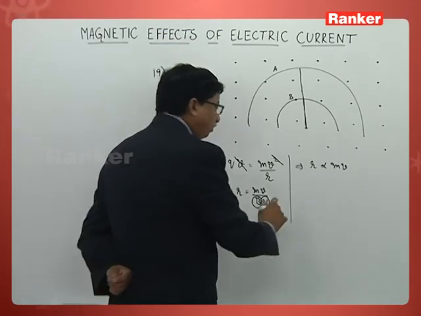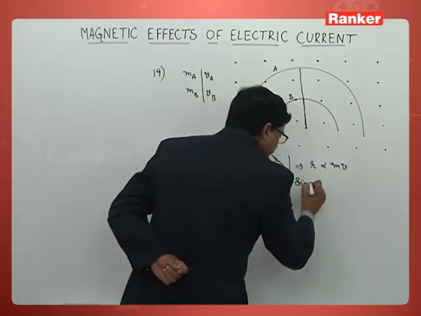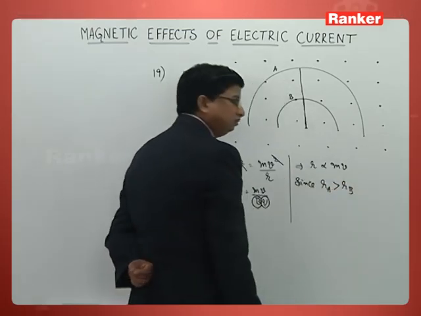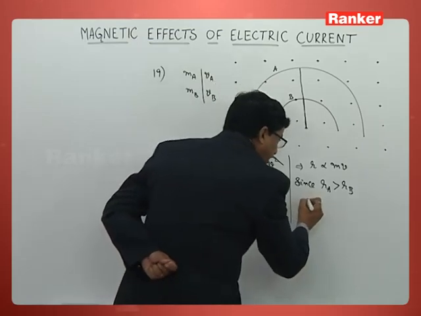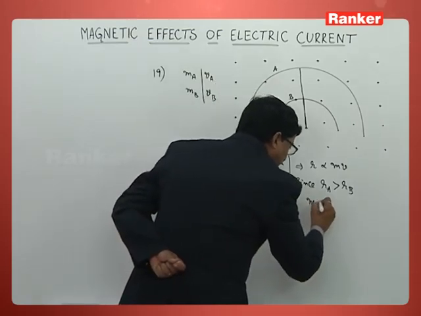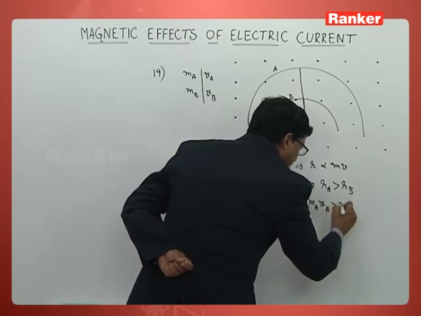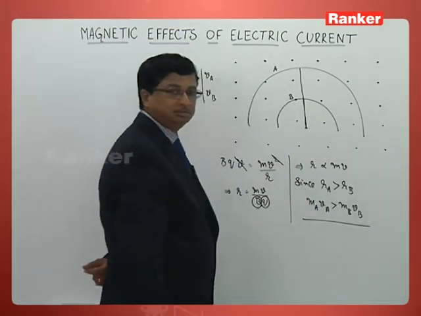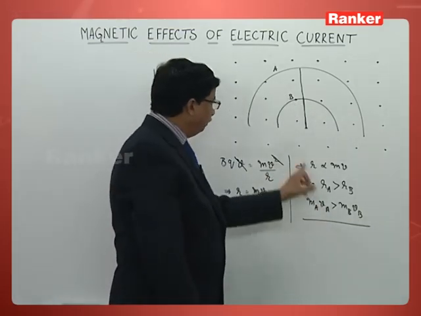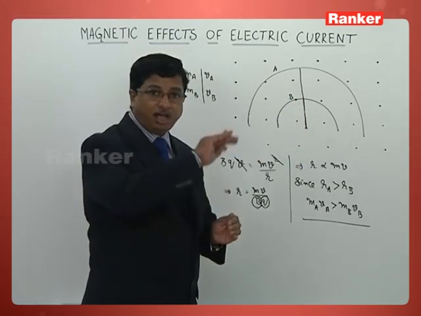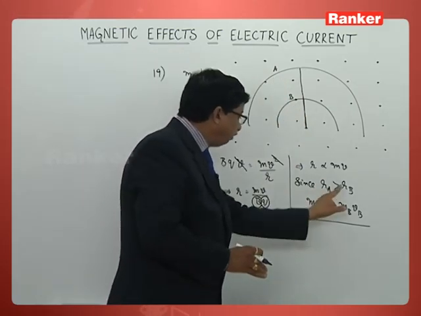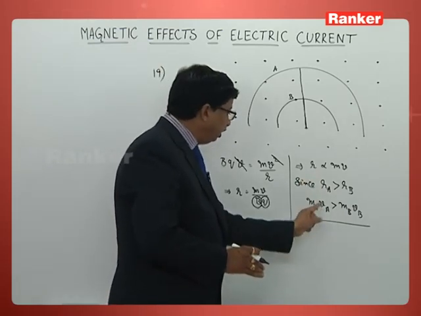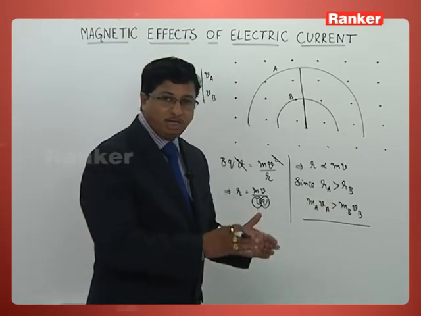So what you can understand from this one? Since RA is greater than RB, what should be my condition then? MA VA must be greater than MB VB. I once again repeat, since the radius of the trajectory of the first particle is greater than the second, I can come to this conclusion, MA VA must be greater than MB VB.